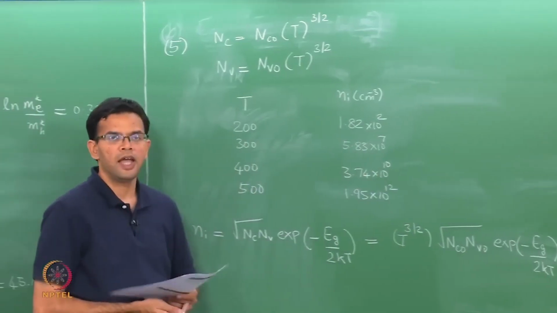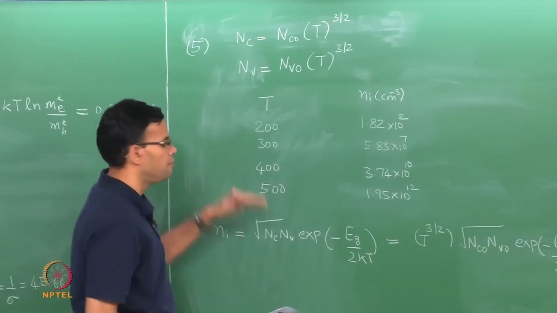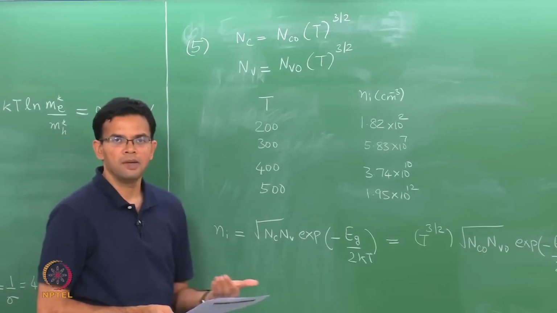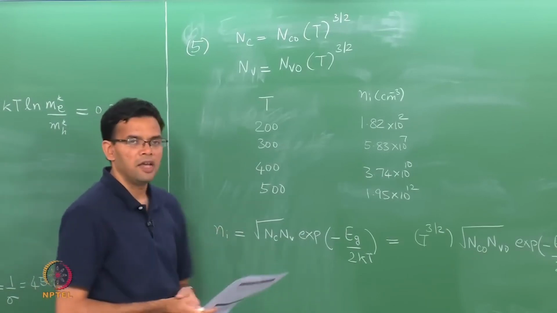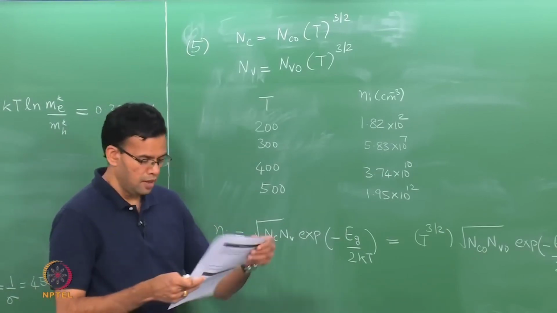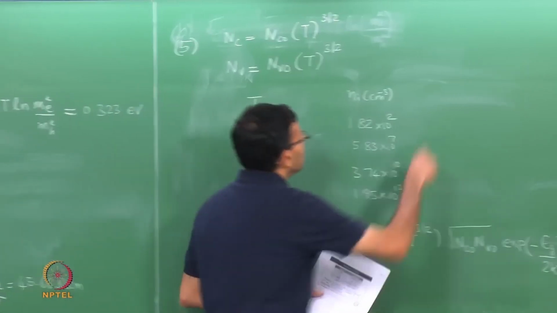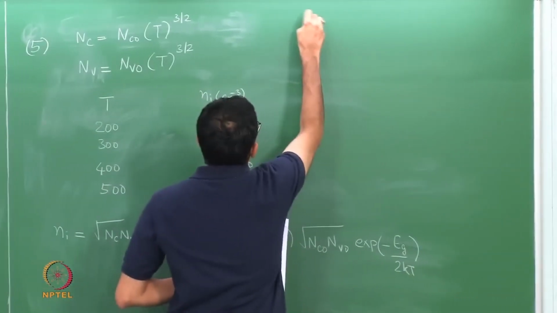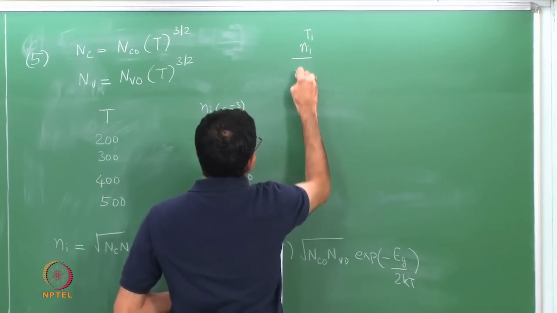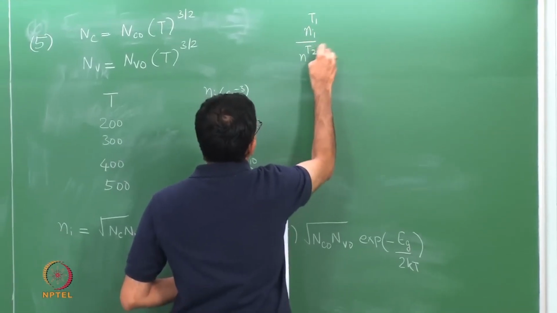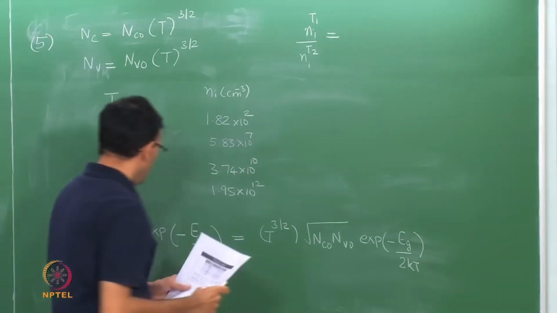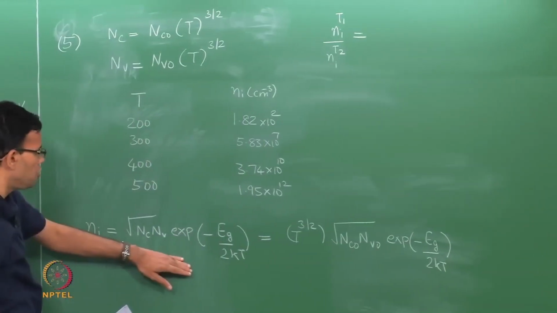So, we can choose any two temperatures and take the ratio of Ni at these two temperatures. So, Ni at some temperature T1 over Ni at another temperature T2, it is nothing but taking this ratio.